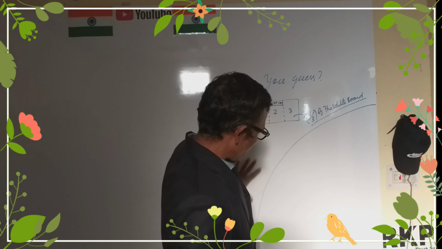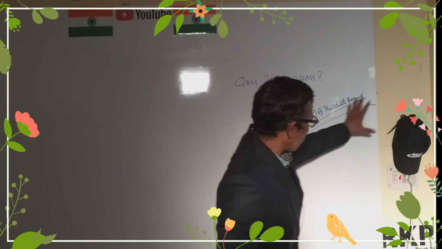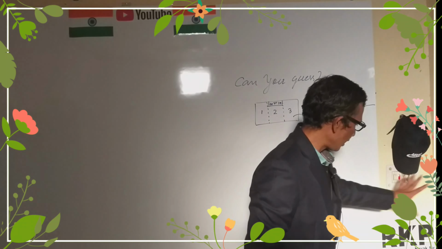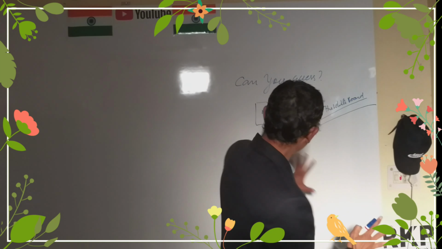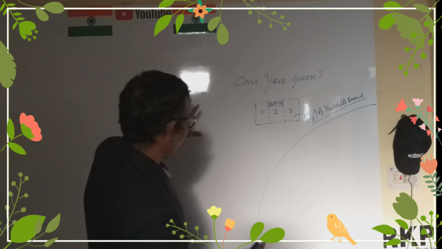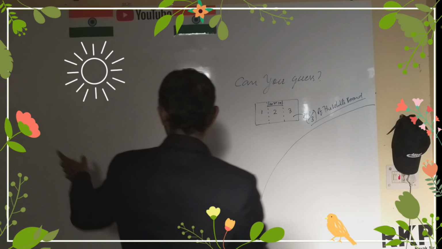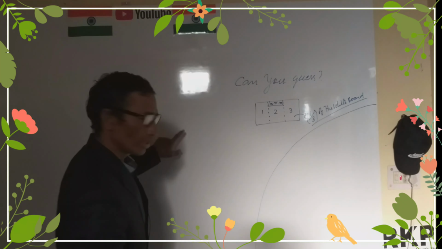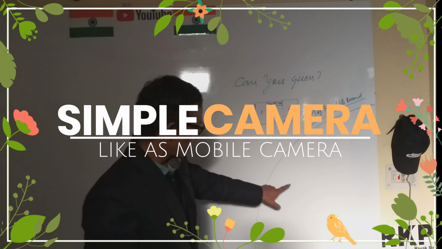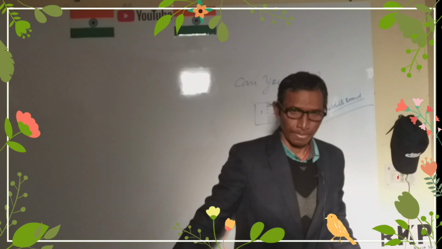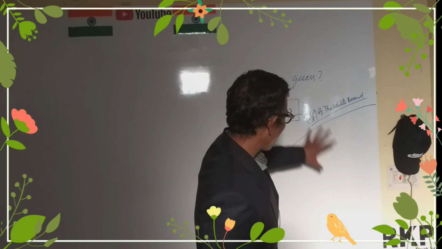Just look at this area. It is wider than the other area, except this one. You will find that this area is wider than the others, so I'm using the wider area.